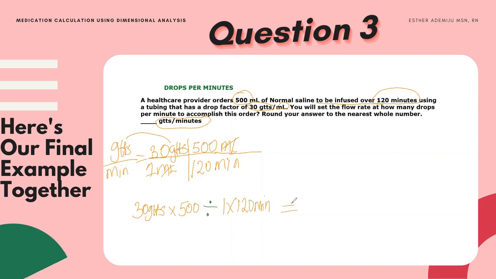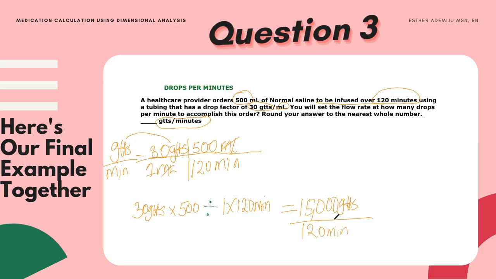So 30 multiplied by 500 should give us, let's get out our calculators, 15,000 drops divided by 1 times 120, which gives us 120 minutes.